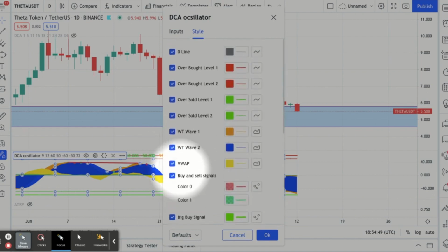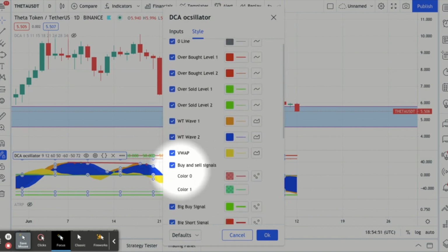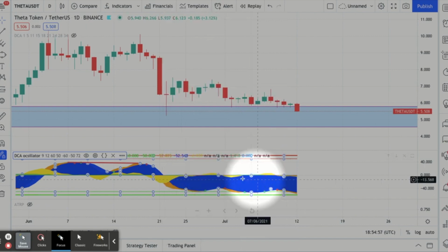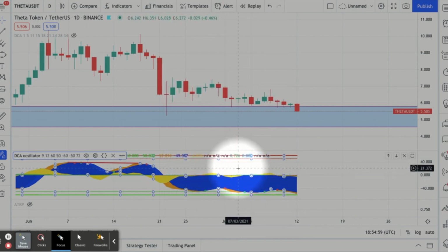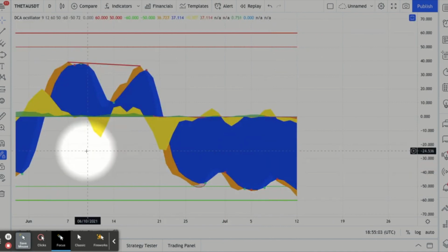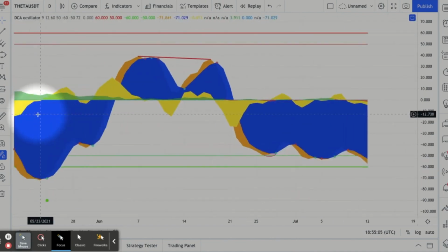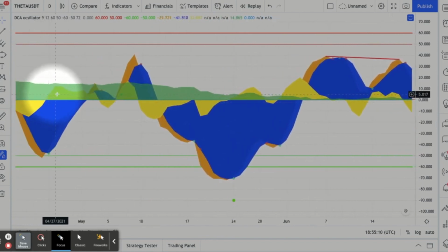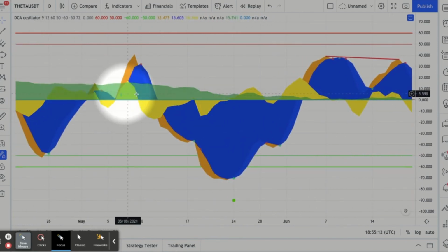There's another one at one point. Maybe I turned it on and I wasn't sure exactly that I turned it on. We'll check it out. I think I did turn it on, actually. It wasn't labeled. We also have a green area here. So this green area, that's your MFI.